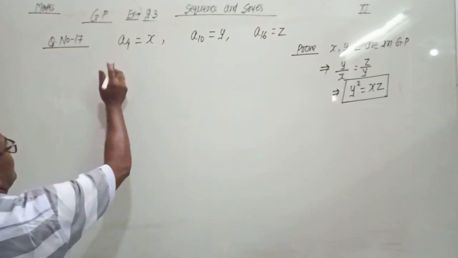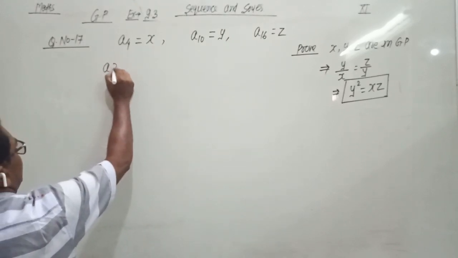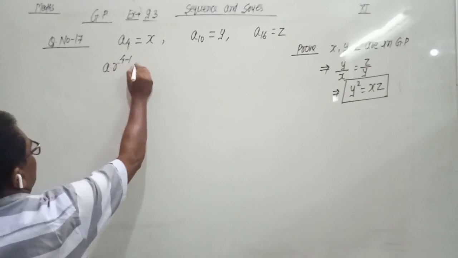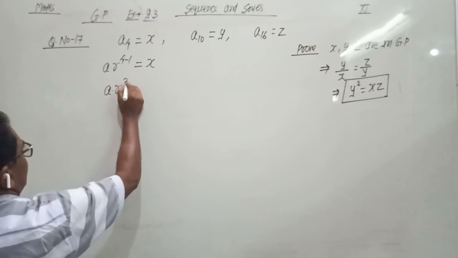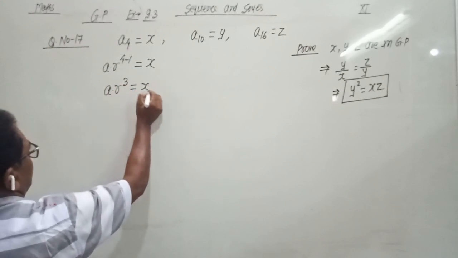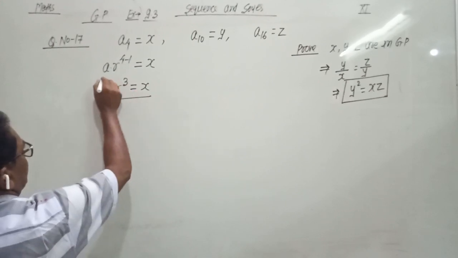So the 4th term of a GP is given by a into r raised to the power 4 minus 1 equals to x. That is a into r raised to the power 3 equals to x.